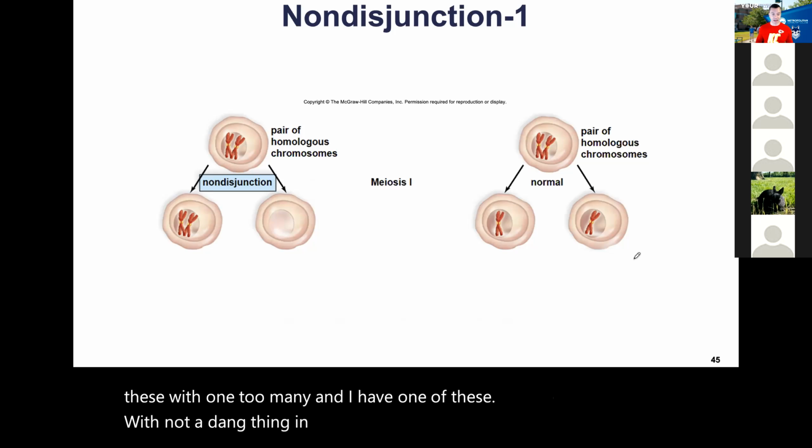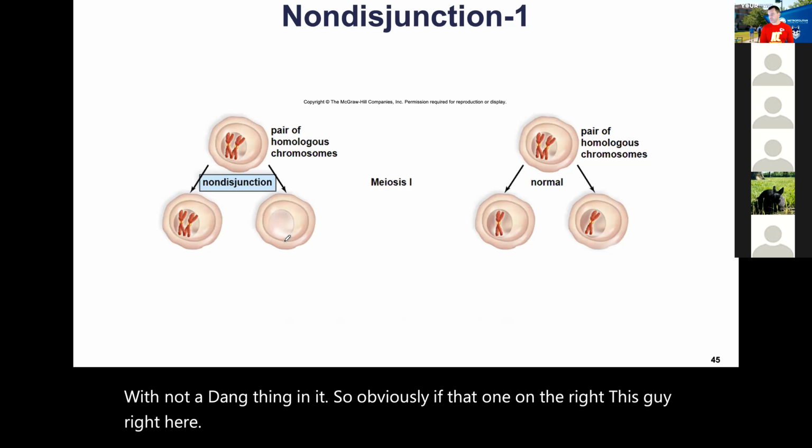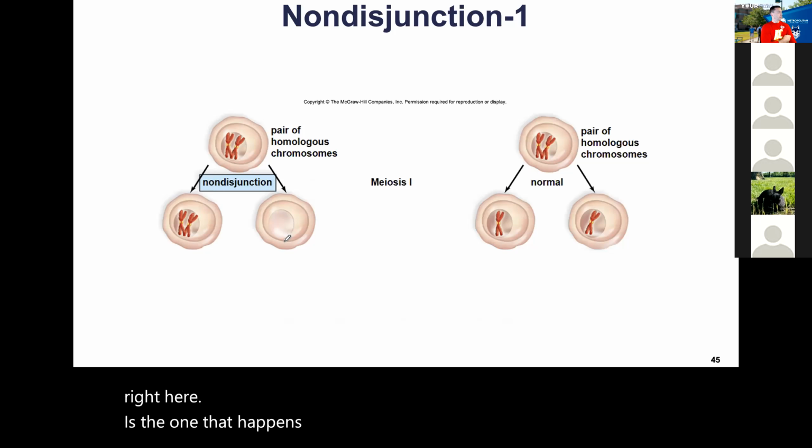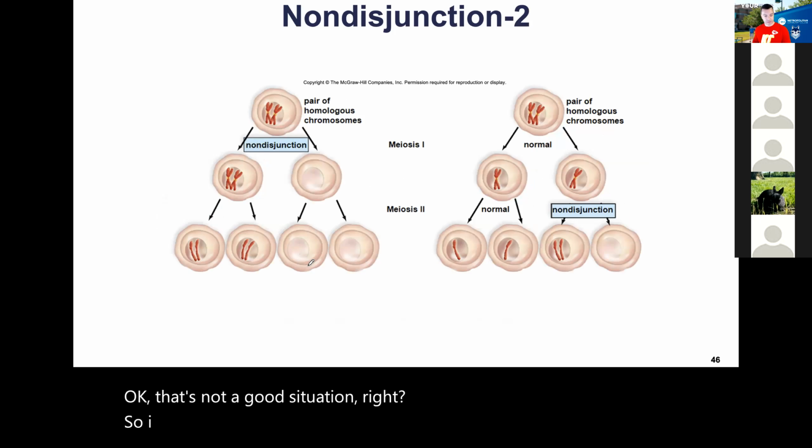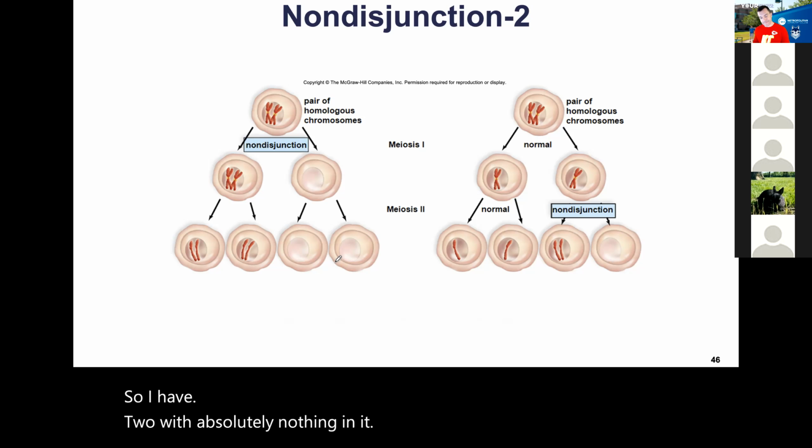So obviously, if that one on the right, this guy right here, is the one that happens to become the mature egg, that's not a good situation, right? So I have two with absolutely nothing in it.